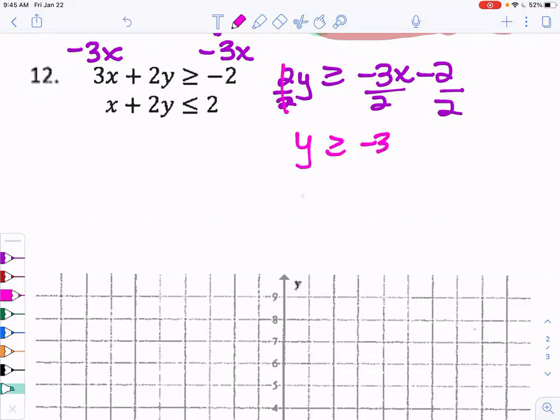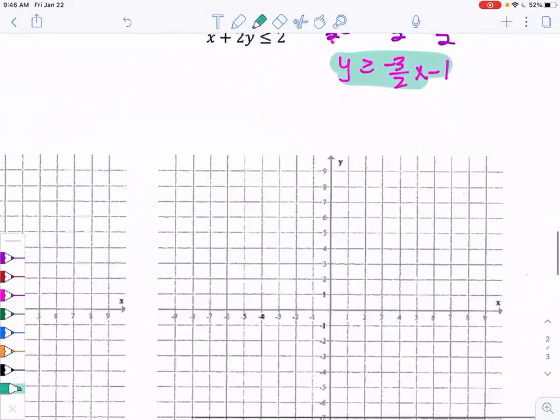We end up with -3 over 2 x, and then -2 divided by 2 is -1. So using your highlighter or colored pencil, we are going to graph this first one, making the boundary line pretty bold and then shading.